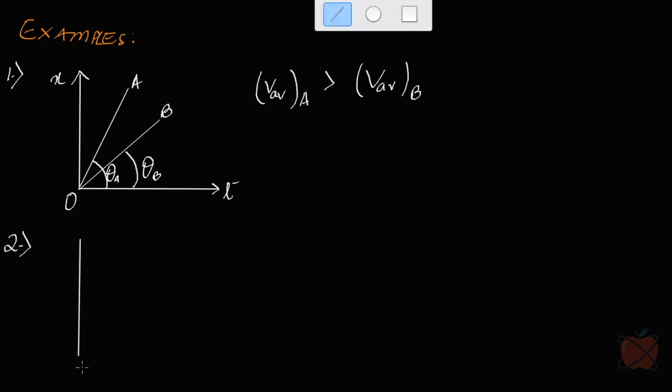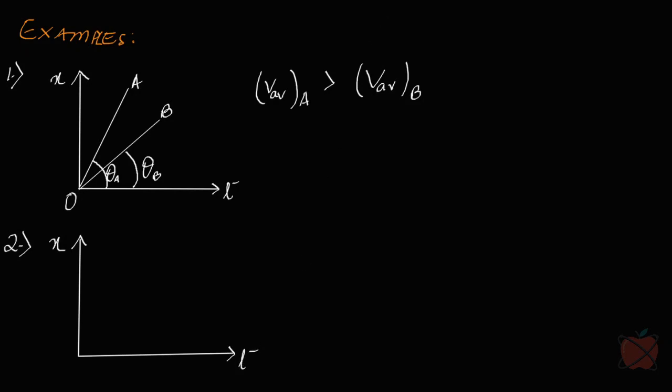On the other hand, I have something like this. Let's say this is body A, and this is body B. Can you tell me which one is having negative average velocity, A or B?